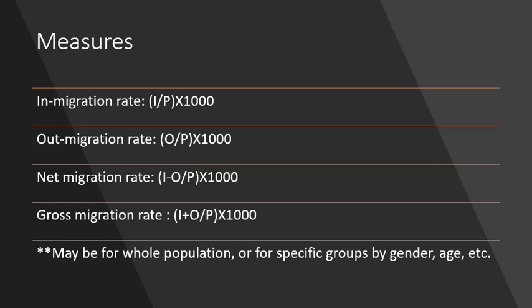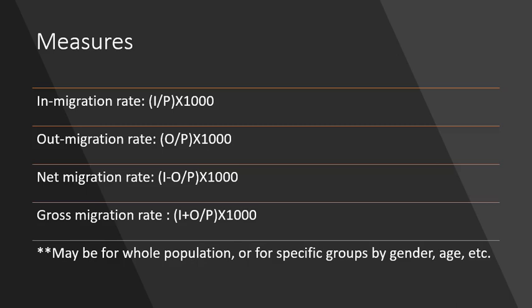So here are some measures and some equations that go with them. The in-migration rate is the number of people coming into the geographic unit per unit of population, across the whole population, times 1,000. So this is an overall measure, not a group-specific measure.